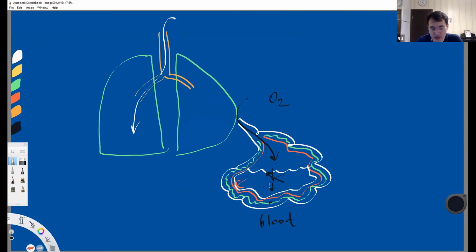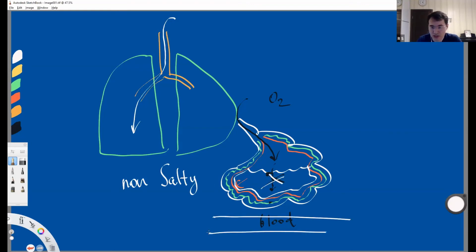So we cannot do that because of water. And if it is the non-salty water, it is better because the osmotic pressure will push this water inside the blood, because here we have oncotic and osmotic pressure.